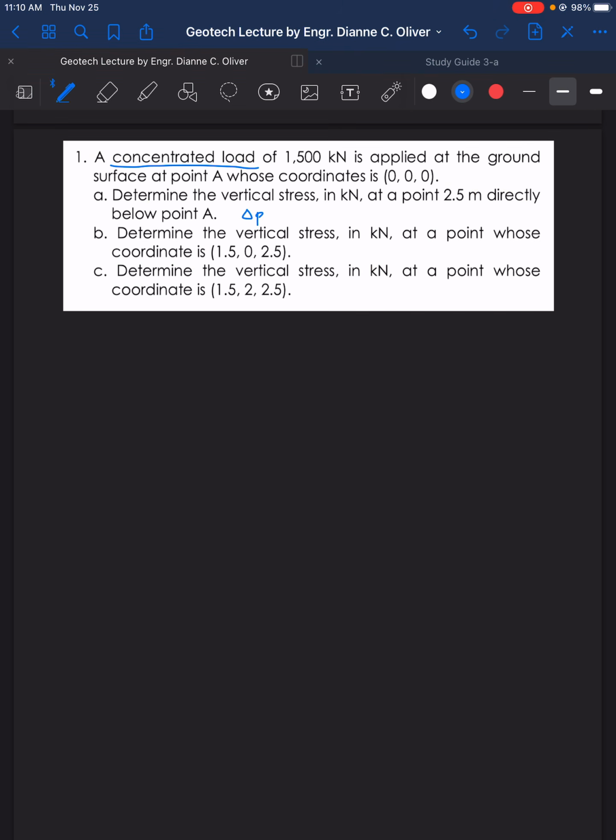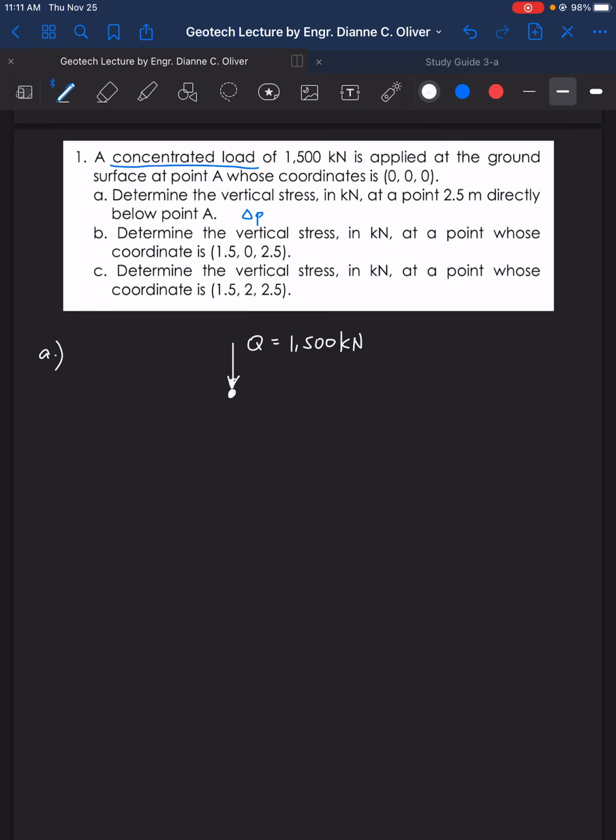Okay, so let's draw for the first one. Here we have the point load at point 0, 0. So our point load Q is equal to 1,500 kilonewton.